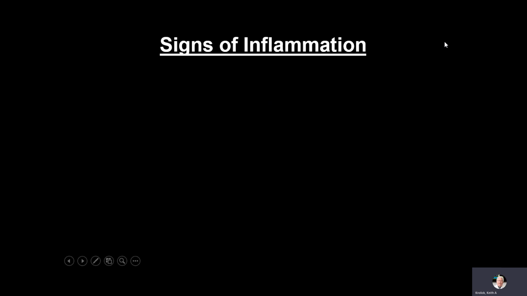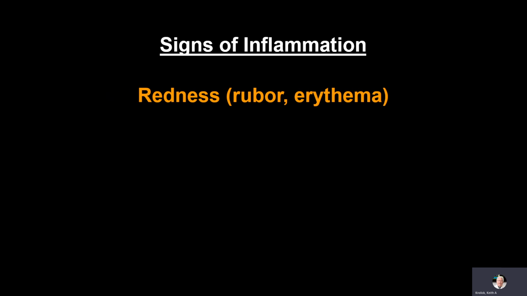Okay, so if we're looking for signs of inflammation, there are some really obvious signs that you're probably pretty familiar with already, but I'm going to march through them anyway. The first is that there's a color change, basically. So if you were to, say, cut your finger, and you weren't real good about washing it up and doing what you should to prevent infection, within even a few hours, but certainly by the next day, you may look at this cut that you got, and it's going to have a reddish tint to it.